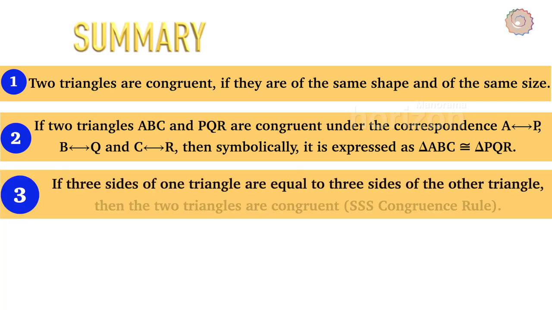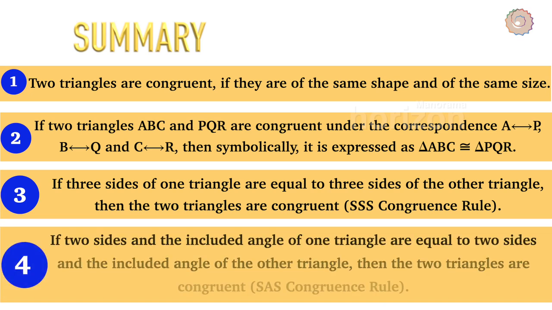And the SSS congruence rule states that if three sides of one triangle are equal to the three sides of the other triangle, then the two triangles are congruent. And the SAS congruence rule states that if two sides and the included angle of one triangle are equal to two sides and the included angle of the other triangle, then the two triangles are congruent.